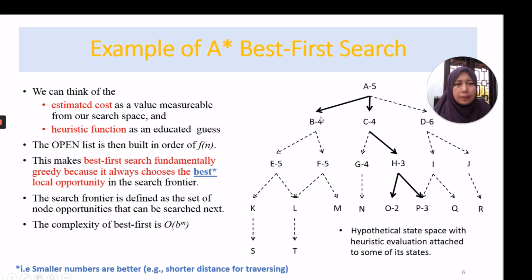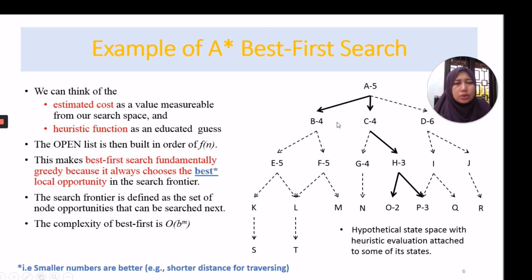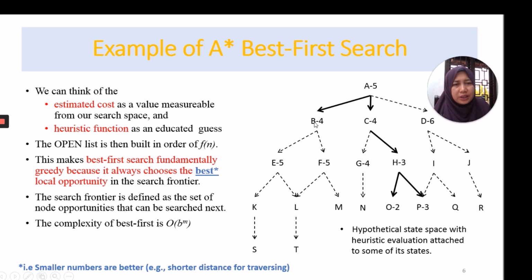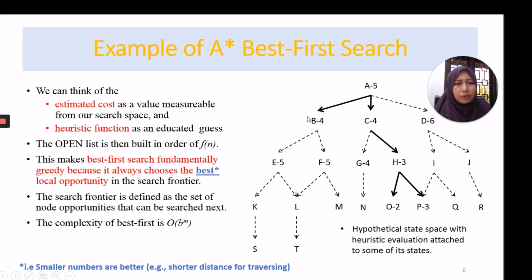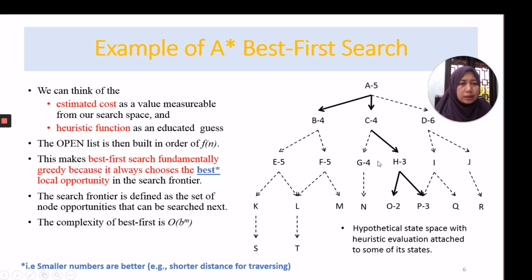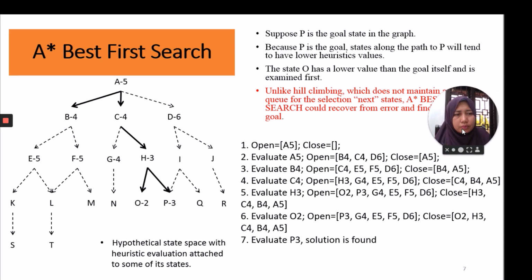Between B, C, and D, the obvious choices are B and C only, because B and C values are lesser than D. So first A might go to B, and when it compares that the next nodes are more than the other options, it backtracks to C4. Further details are shown here.